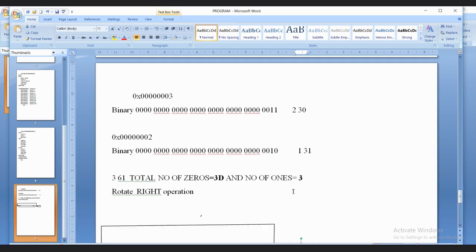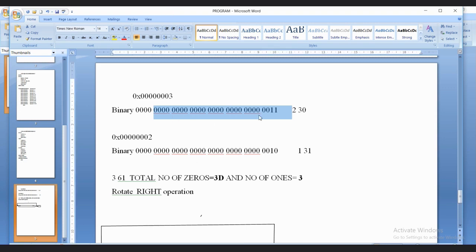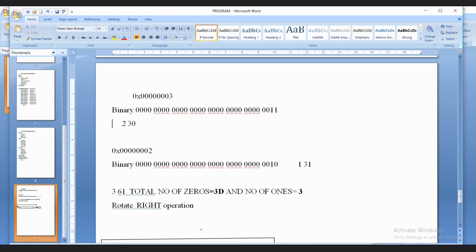After one rotation, the result will be 1.